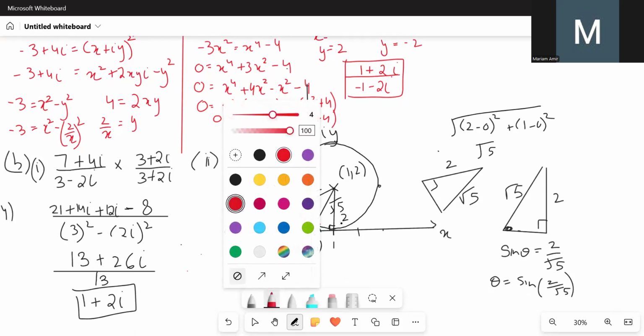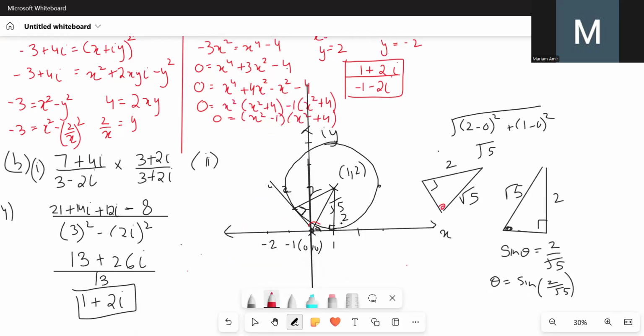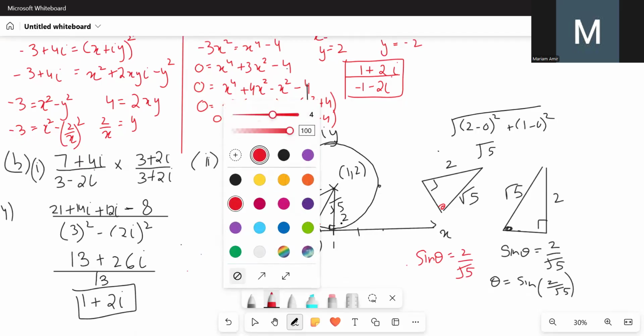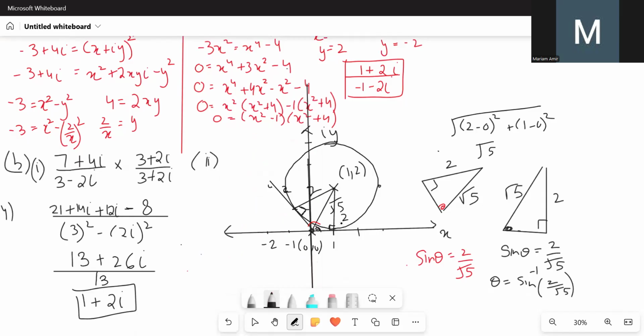And now we need this angle, which is going to be opposite over hypotenuse again. So sine theta is equals to, they're actually both the same, 2 over under root 5. So theta will be the same, sine inverse 2 over under root 5. Then we double it and get the required argument, greatest possible argument.